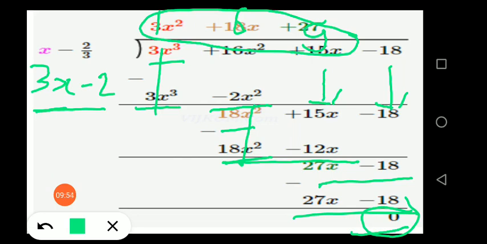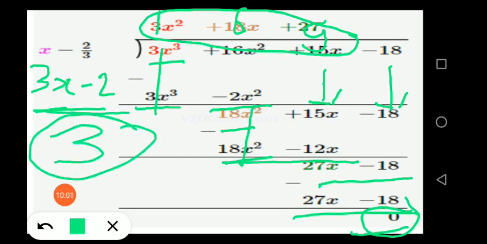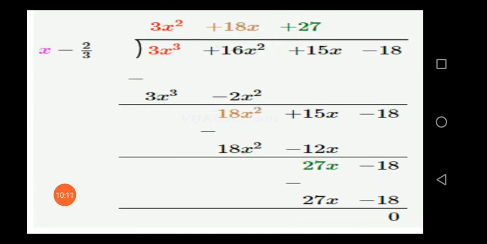Rest, in case we have to find the quotient, since this divide by 3 is there, we will multiply by this 3 this side, and 3 into 1 is 3x square, 3 into 6 is 18x, 3 into 9 is 27. So in this way we can complete. Or if this method suits you, the same method which is shown here, you can solve by this method also. It doesn't change the matter.